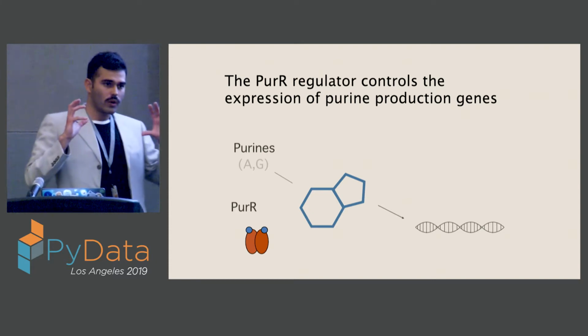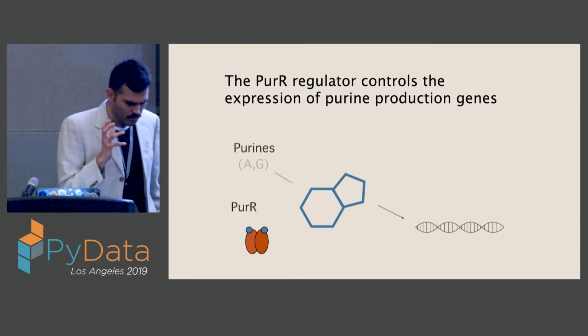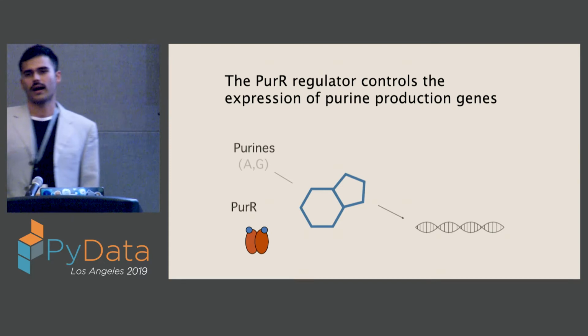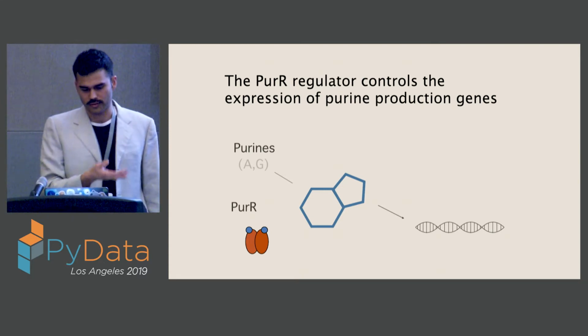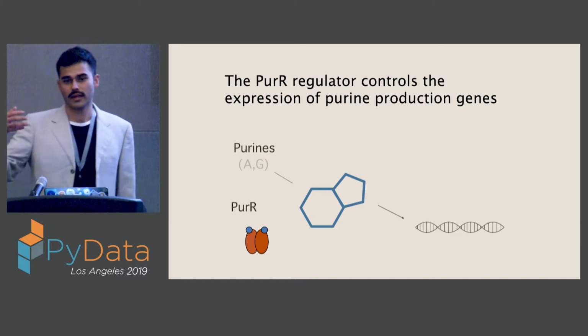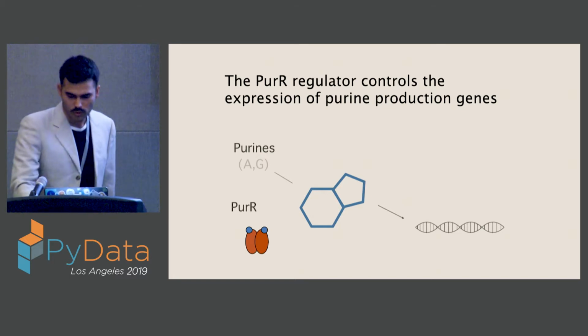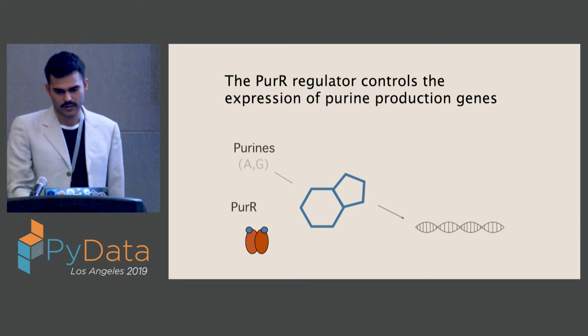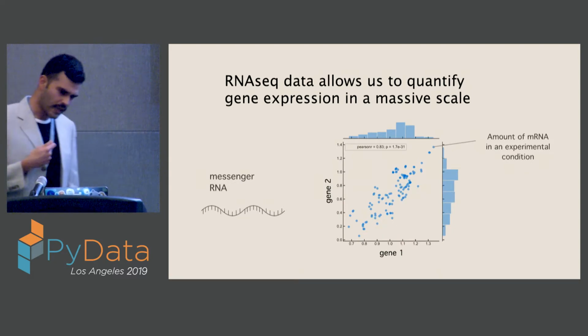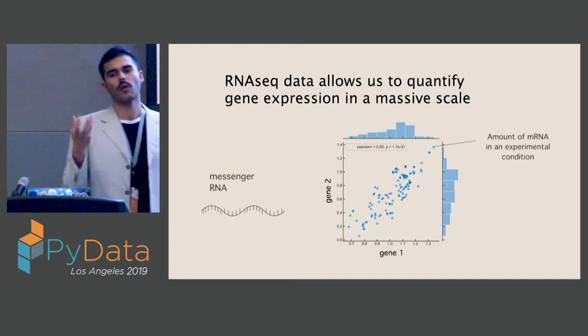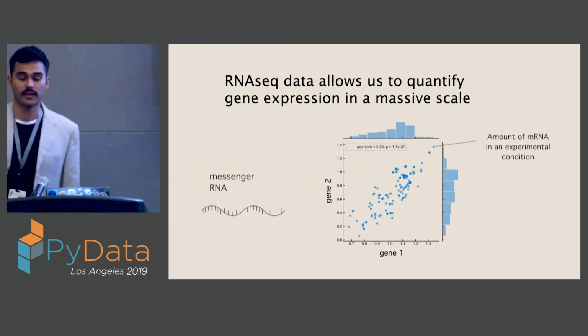What we really want to do is learn how the gene activation patterns of this protein are encoded into the cell. And our data set is the so-called RNA-seq data, which allows us to quantify how much of each gene is made in the cell.